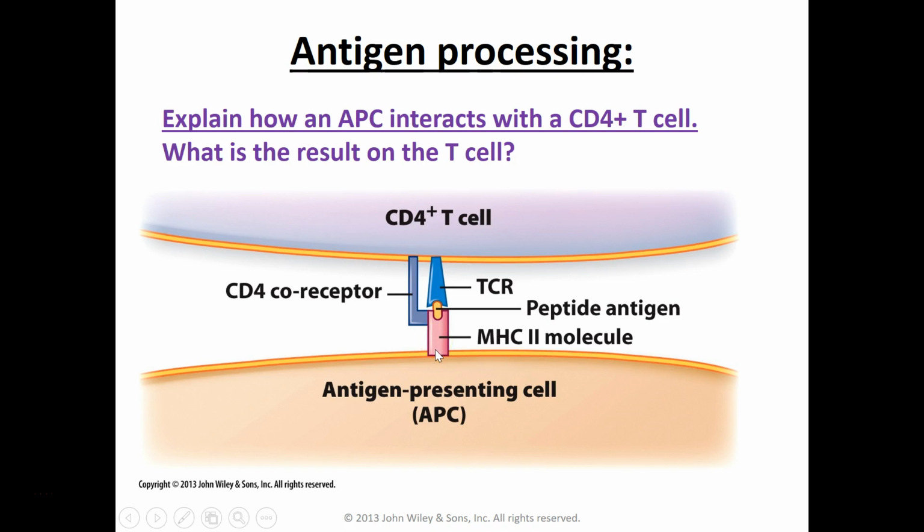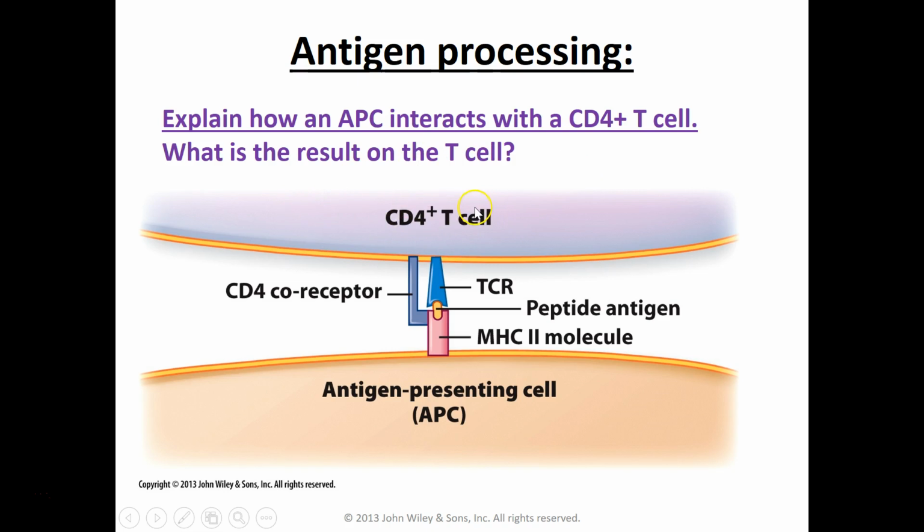So what's going to happen next? This one T cell is recognizing this antigen. We call this activation, when the recognition is happening. And then there's cytokines and other co-receptors not shown here. This is the main interaction.